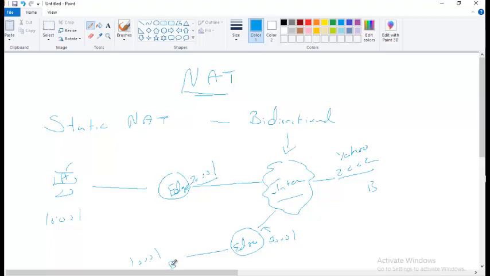Whenever this B speaks, he needs to use the address 30.0.0.1 which the internet can respond. This is what we call public IP address. This is what we purchase every time whenever we want a WAN service, an external service.